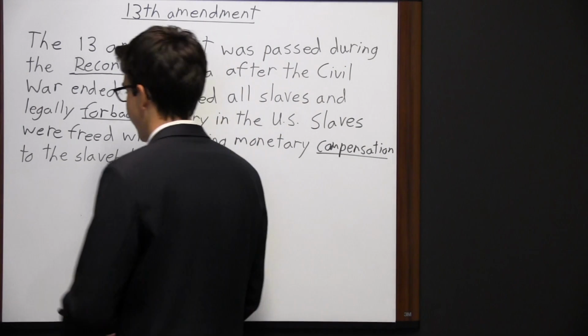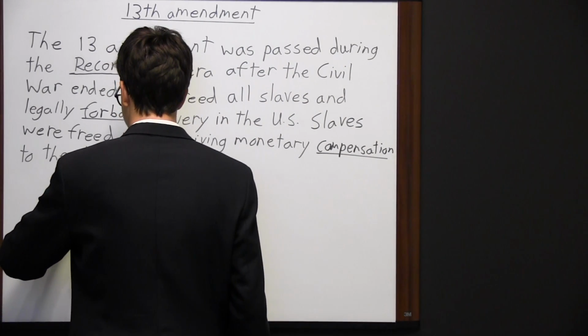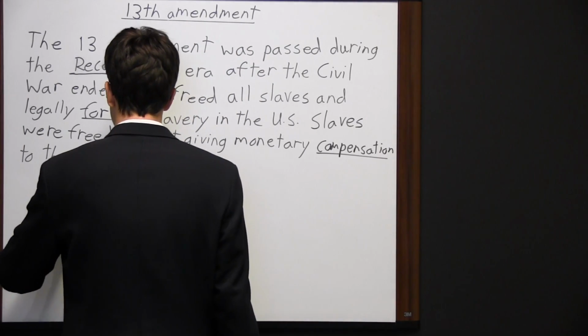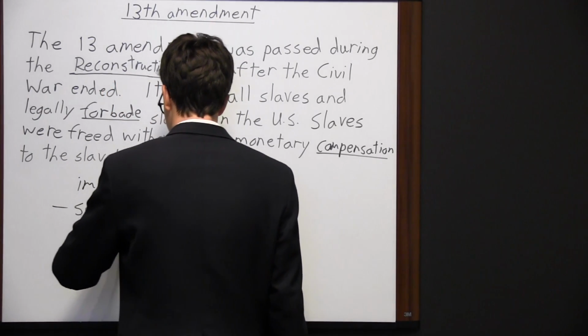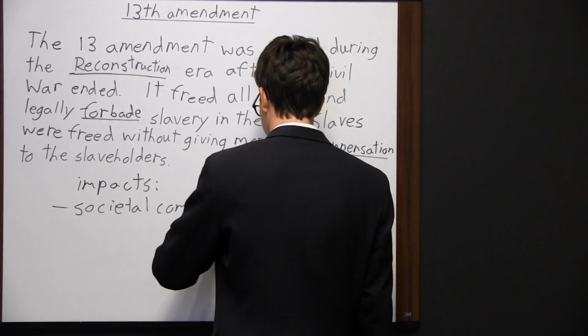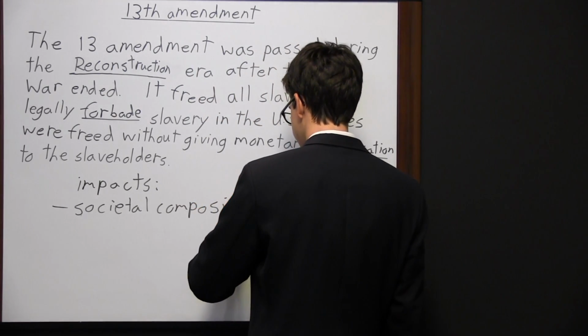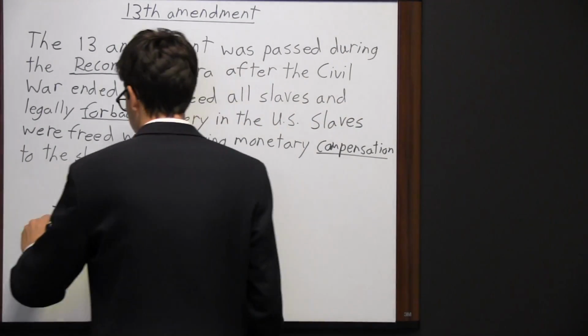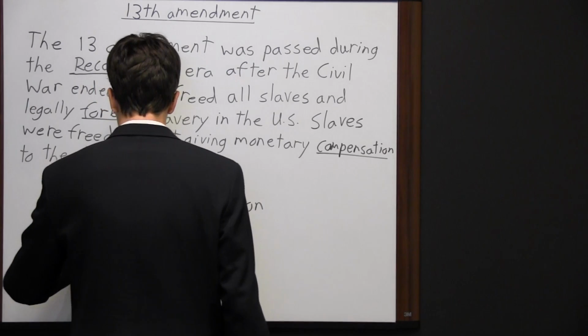Now, what kind of impact did the 13th Amendment have? Well, for one, it changed the societal composition of the South and some of the border states. Because before, African Americans were generally slaves, but now they are just normal citizens. It also changed the economy.